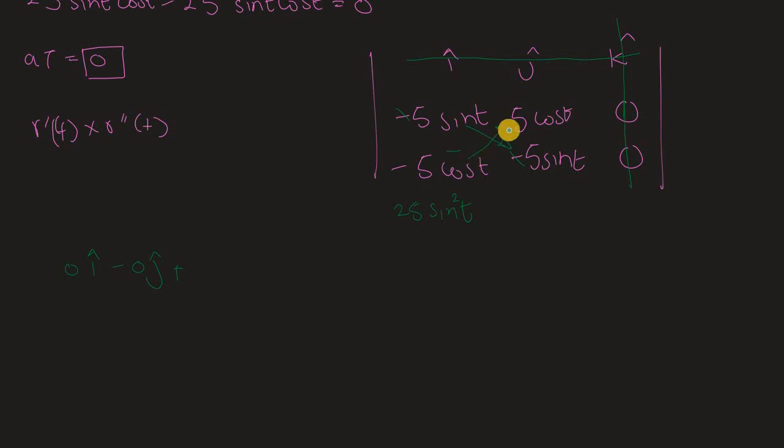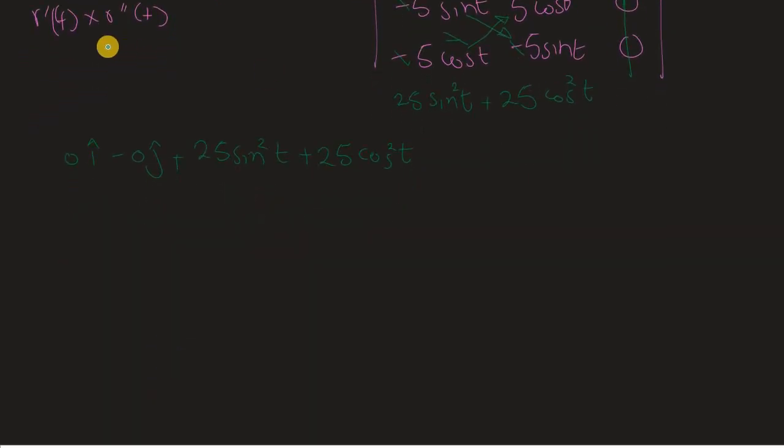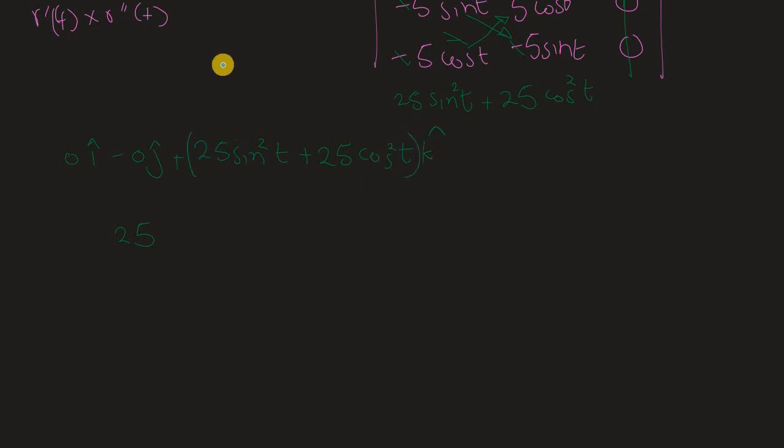Then we do negative this times this, so that negative cancels out, and 5 times 5 is 25, so plus 25 cosine squared t. So we write 25 sine squared t plus 25 cosine squared t. This is the cross product. We don't need to write the 0 i hat and 0 j hat because they don't mean anything. And there's a k hat missing over there, I'm sorry for that.